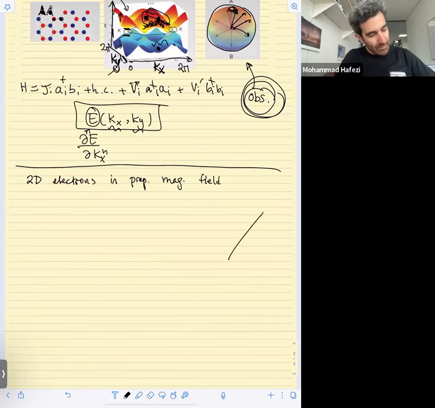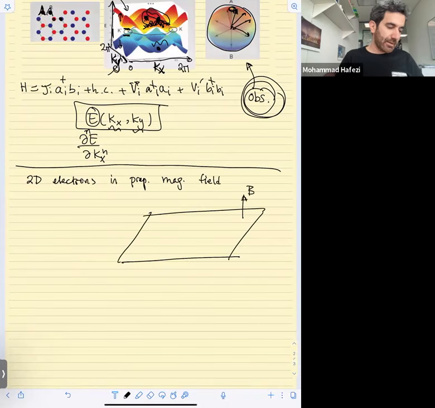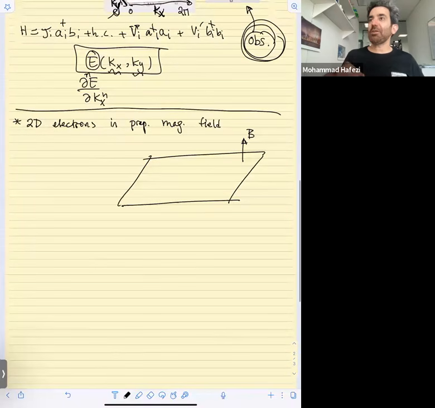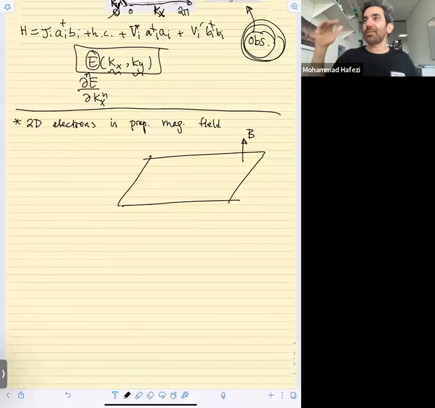So I have a two-dimensional system, I have a perpendicular magnetic field, and I would like to understand the physics of this. So first, we look at this problem from three different levels: classical, semi-classical, and quantum. Let's just do classical.